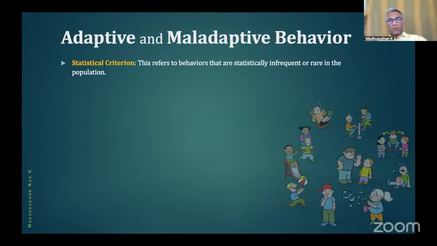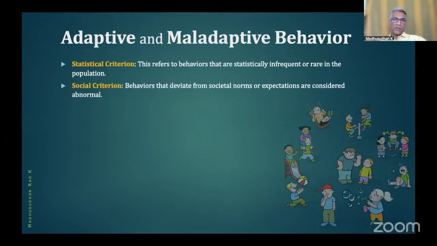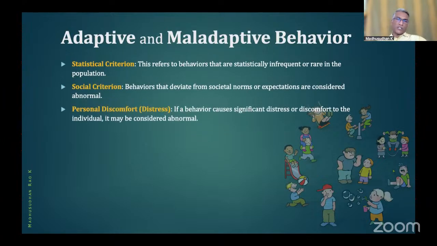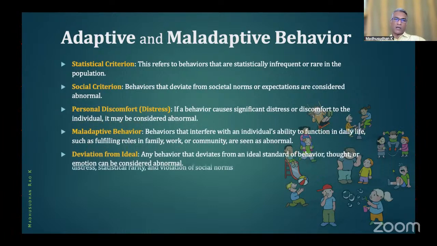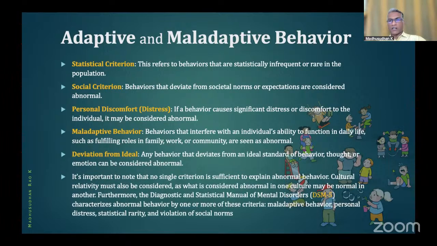Now, adaptive and maladaptive behavior. What are these? We will look into statistical criteria, social criteria, personal discomfort, and maladaptive behavior one by one, and you will understand it in depth. Statistical criterion refers to behavior that is statistically rare in the population.